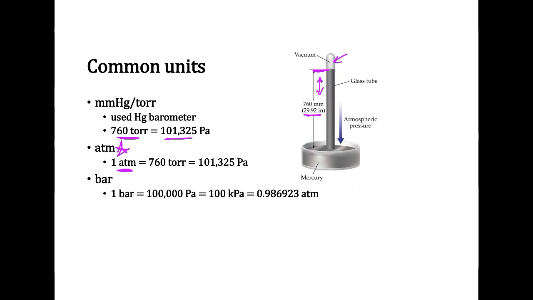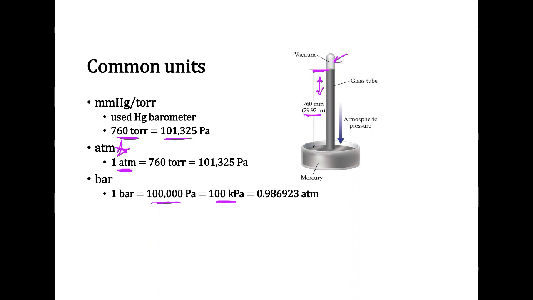In Europe, they tend to use bars. And a bar is actually a little bit easier for conversions because it's based off of 100,000 pascals or 100 kilopascals, whereas an atmosphere, the equivalency is 101,325 pascals. But I will give you all of these conversion factors. You just need to know how to actually use them.